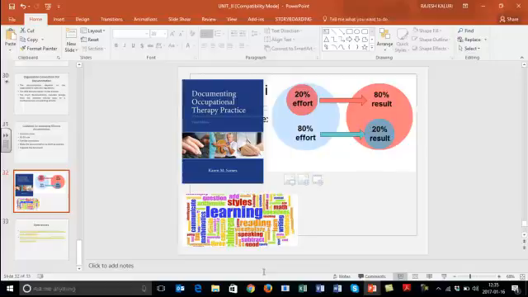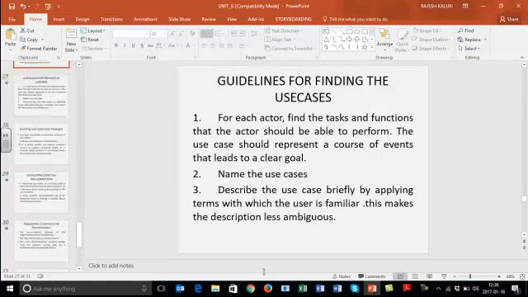Now I'm concluding what we have seen in today's class: object-oriented analysis with the steps. The first one is identifying actors and developing UML activity diagram, the second step, and the third is identifying use cases.